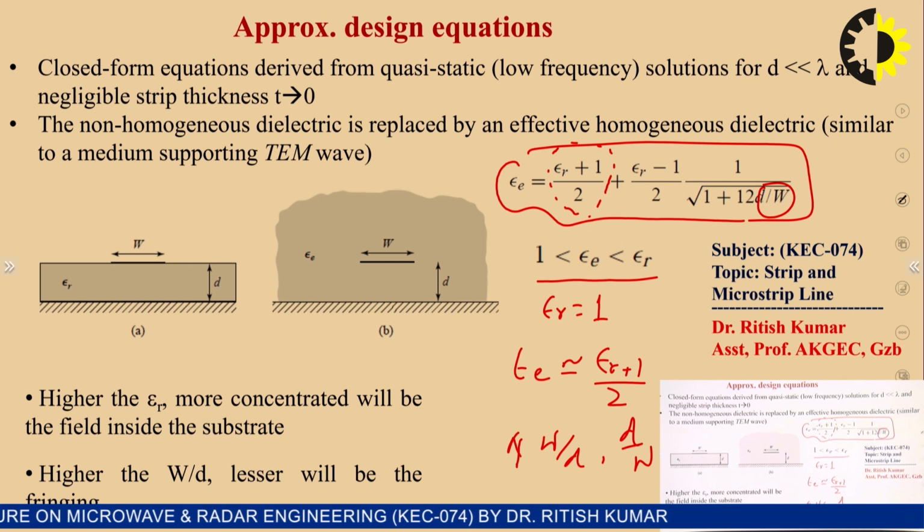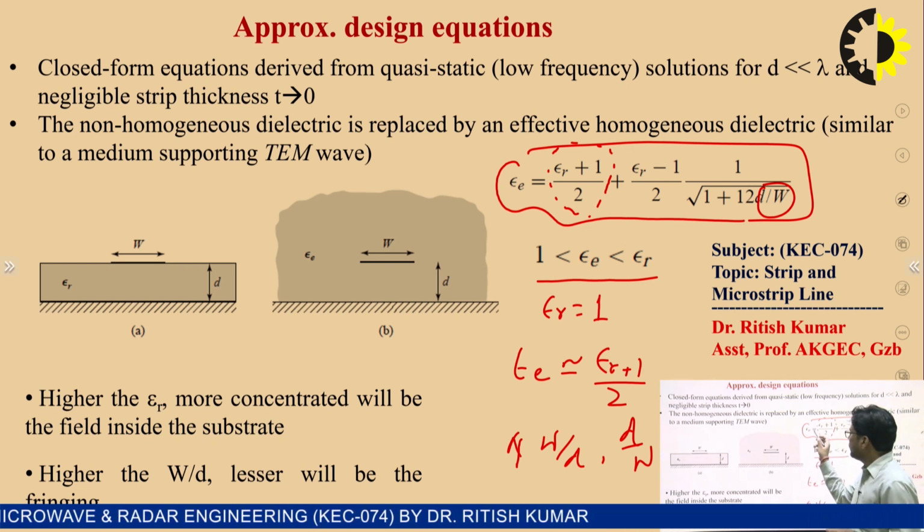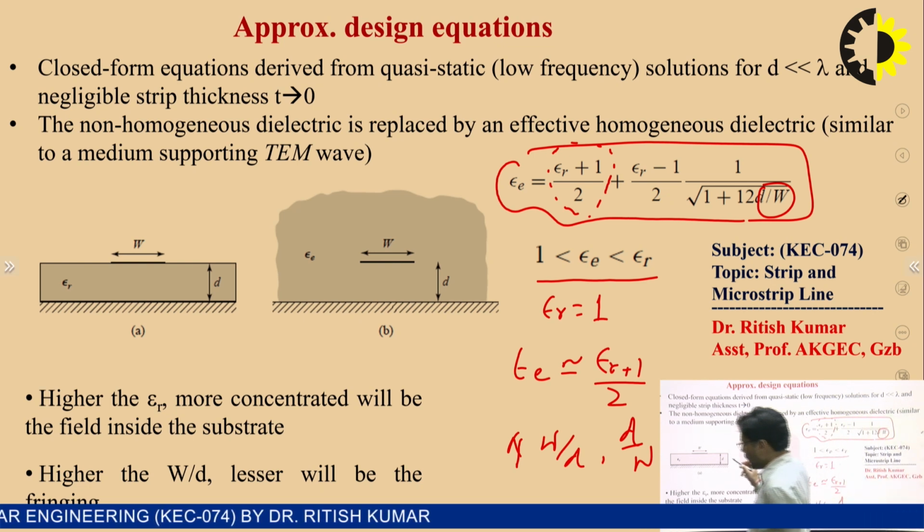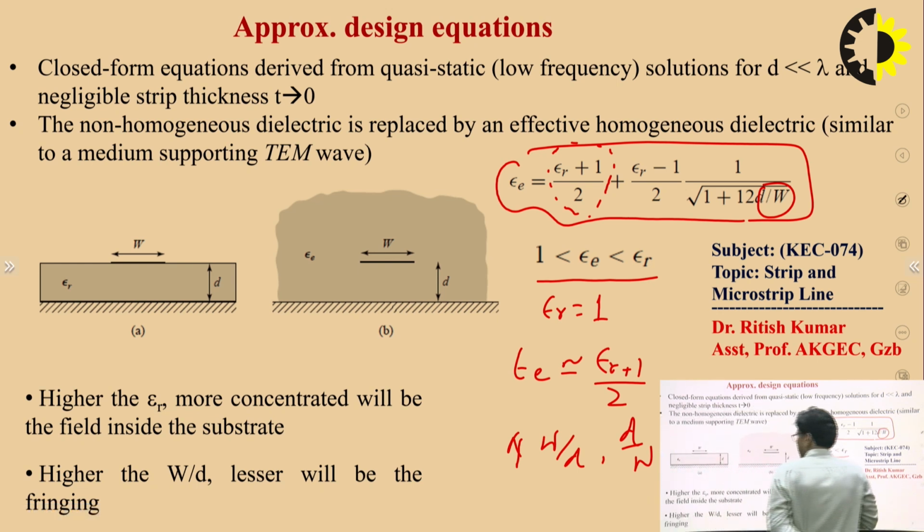Why? Because the effective relative permittivity becomes high. Due to this high relative permittivity, most of the electric field comes down in the dielectric medium. That's why we can say, if you decrease the w by d ratio, we will have a higher fringing field.